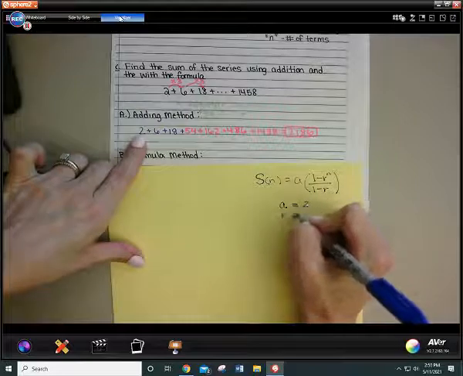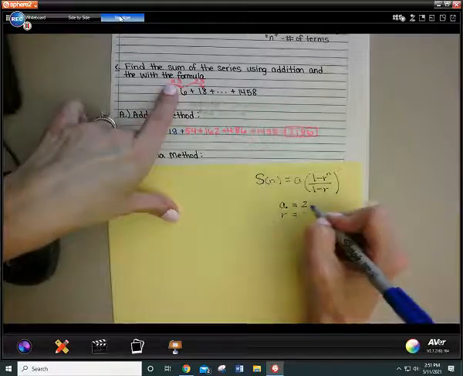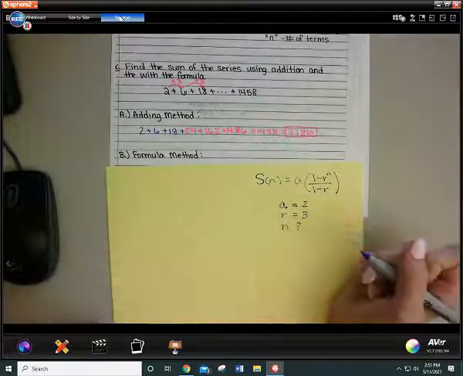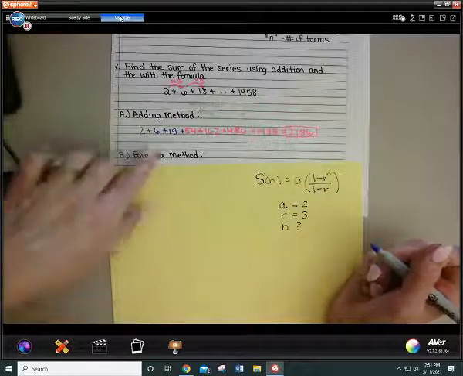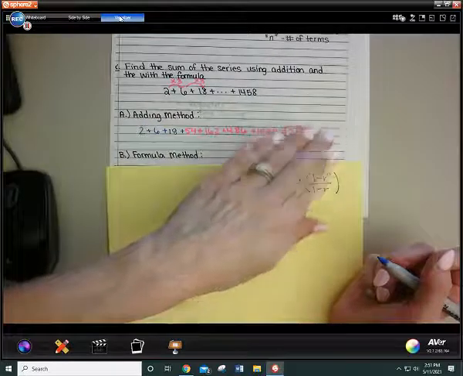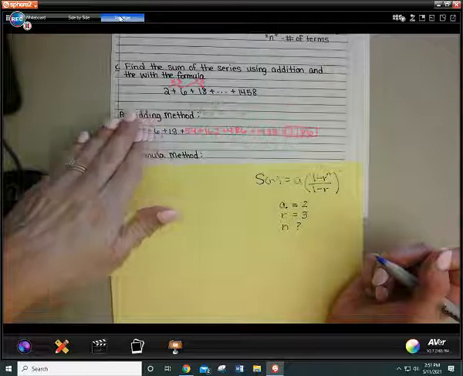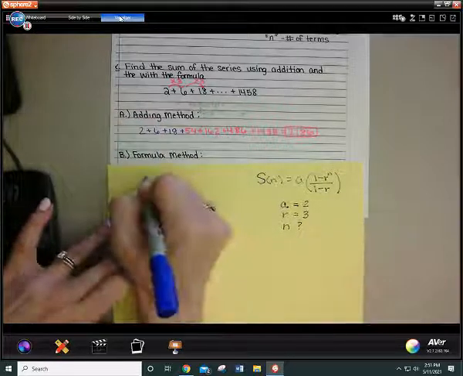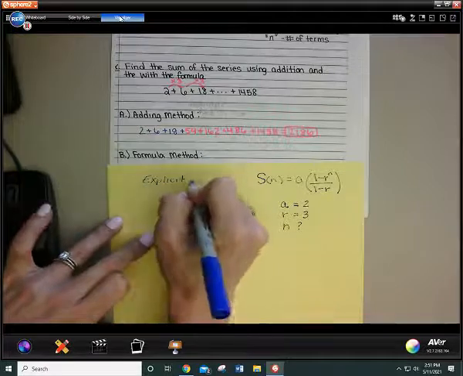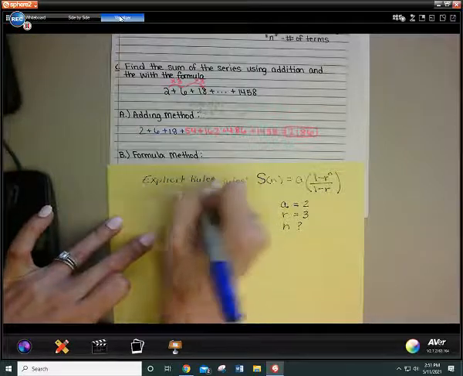I need to know what the r is, which we know is 3, but I don't necessarily know how many terms there are. If I hadn't done the addition method first, obviously we know there's going to be 7, but otherwise you would need to write an explicit rule. Explicit rules let you find the nth term.